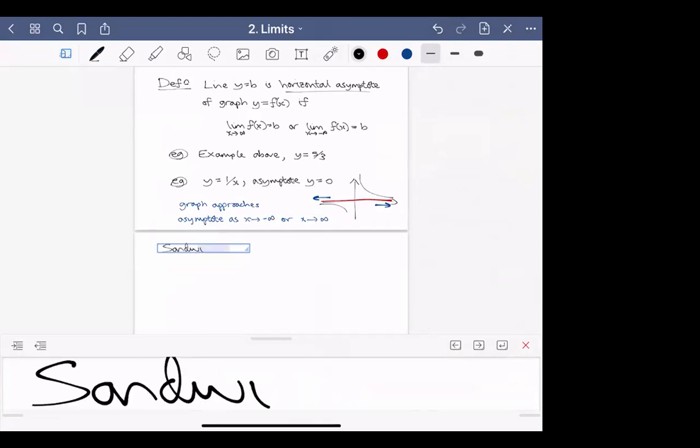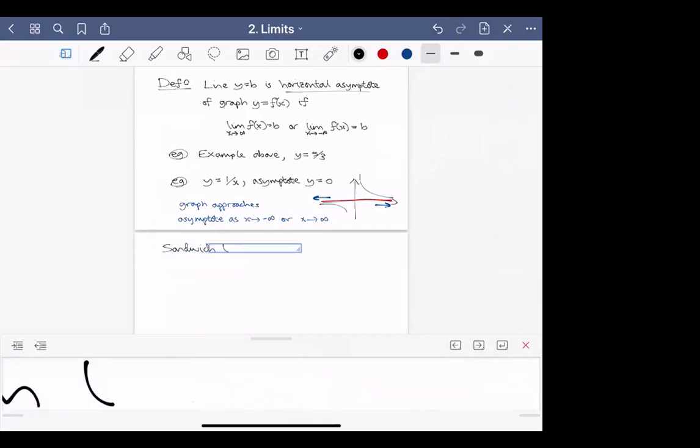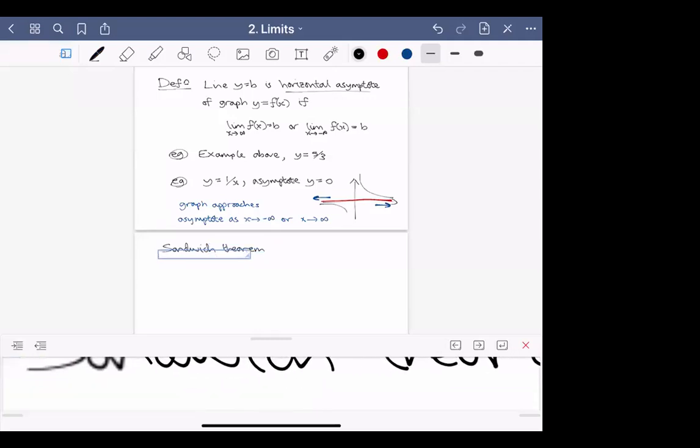So the sandwich theorem is useful to calculate these sorts of infinite limits.